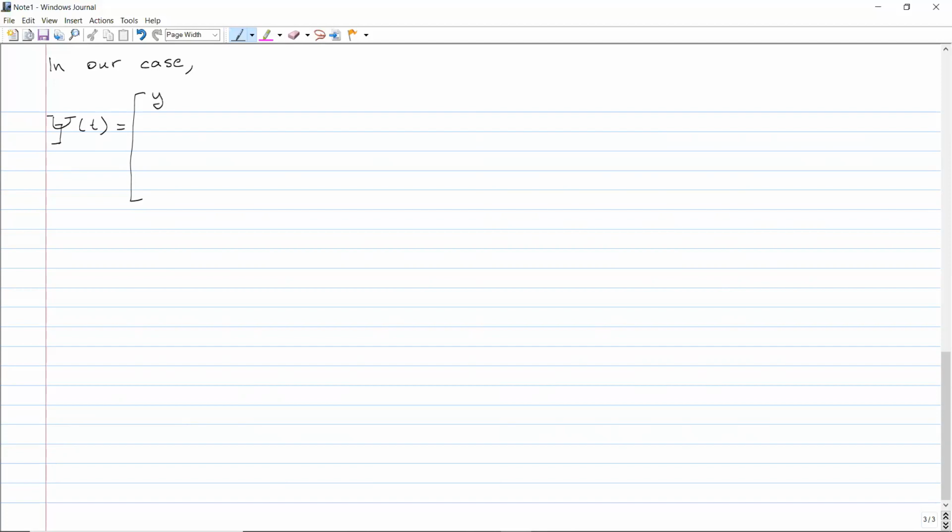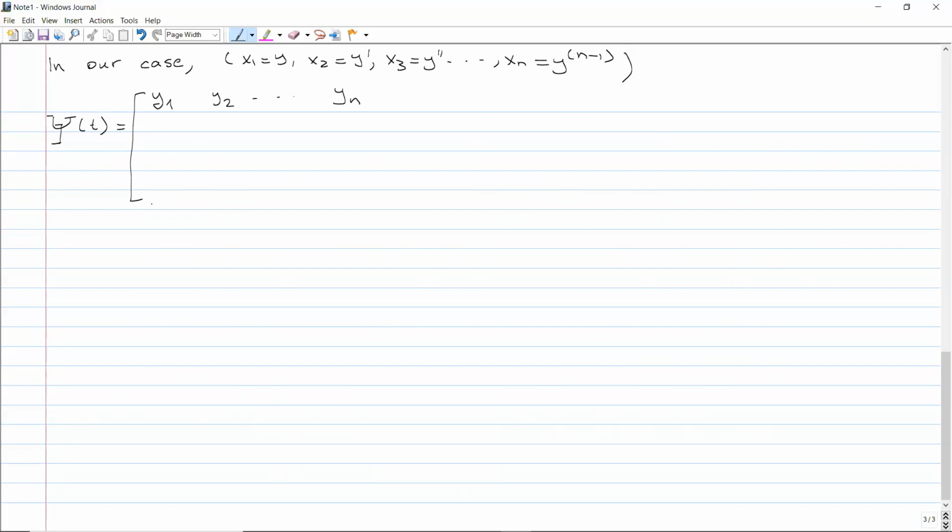So it has n independent solutions of the homogeneous equation. Then for the system, x1 is y, x2 is y prime, x3 is y double prime, and so on, and xn is the (n minus 1)th derivative of y.